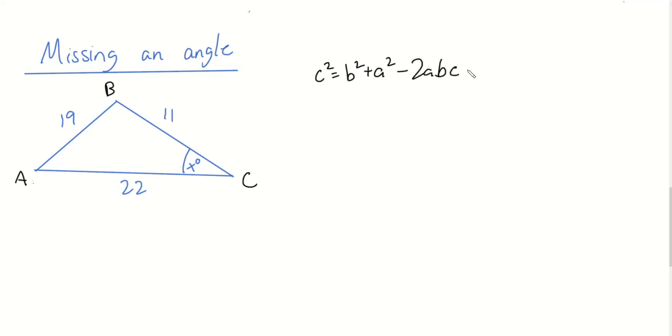Yep. Angle C. So I label this A, B, C, so that C was over here. So that we can just stick to this equation and I don't have to move out any letters at all.